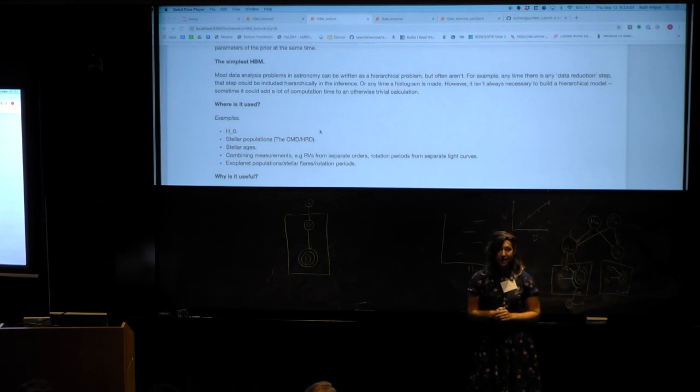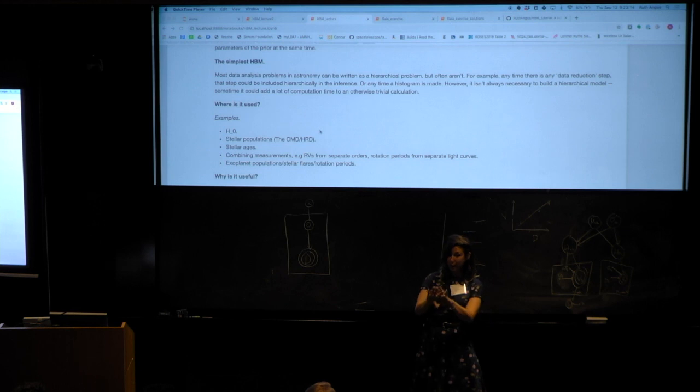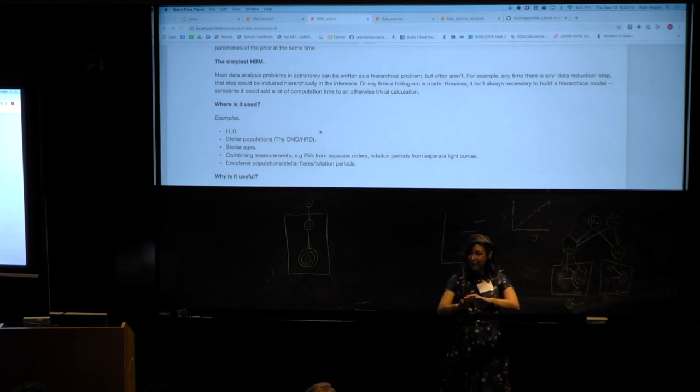We're inferring the ages of thousands of stars all at the same time, and we're using those ages to calibrate all of the relationships between age and observables at the same time. That's an example of a hierarchical model where you can't really do it any other way.